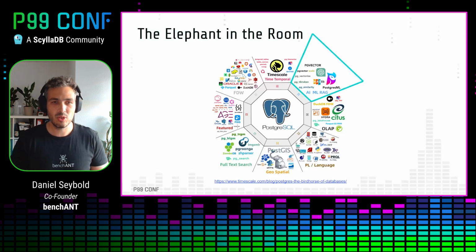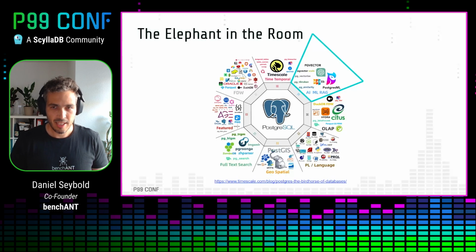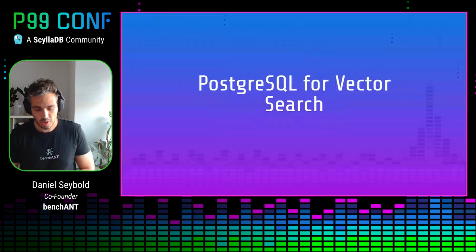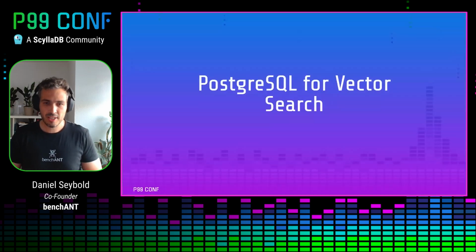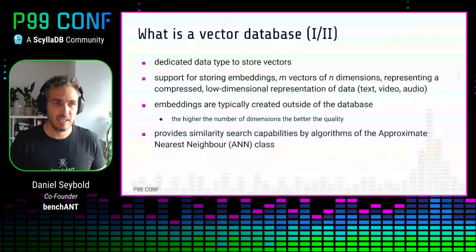And of course, this also goes for the AI machine learning use case. So if you want to use Postgres for vector search, this is what we're going to talk about today, by first focusing on what the options are if you want to use Postgres for vector search, and then diving into the performance capabilities.